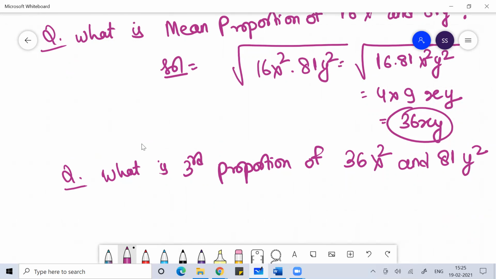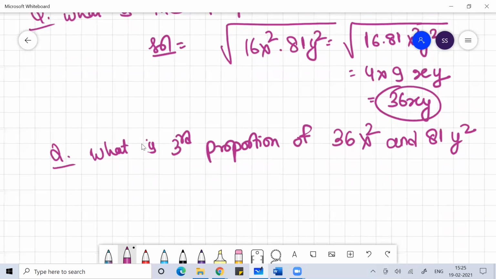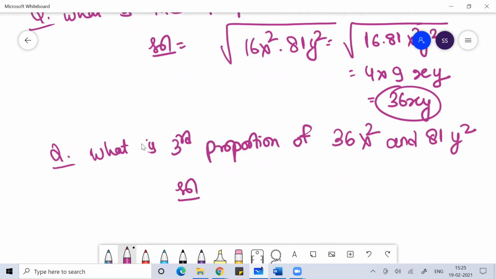Whenever I am asking you the third proportion, you have to understand that this will become your first term, and this, 81y square, will become your mean proportion, and you have to find the third proportion, that means C.